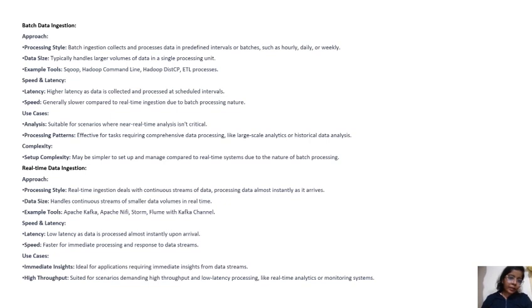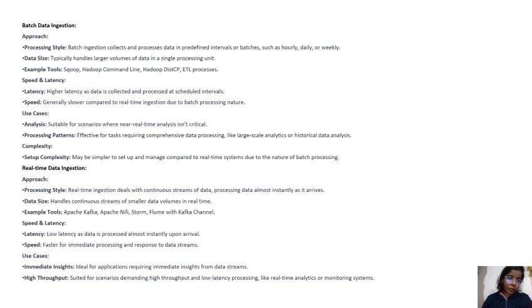Approaches like batch processing style: batch ingestion collects and processes data at predefined intervals or batches, such as hourly, daily, or weekly. Data size: it typically handles a large volume of data in a single processing unit.